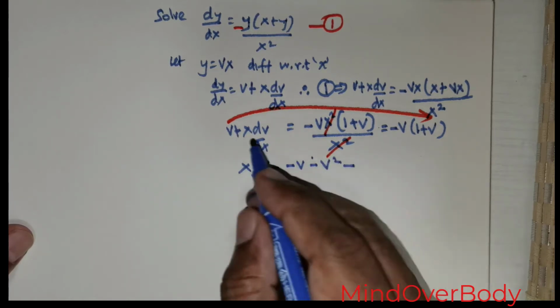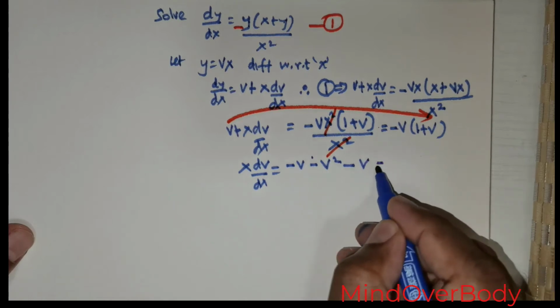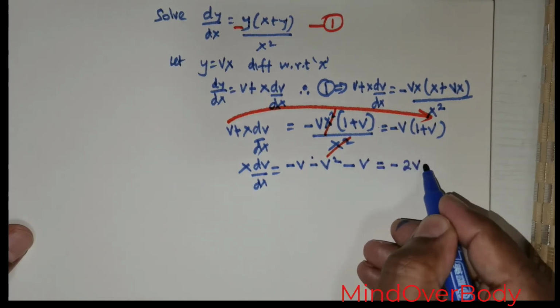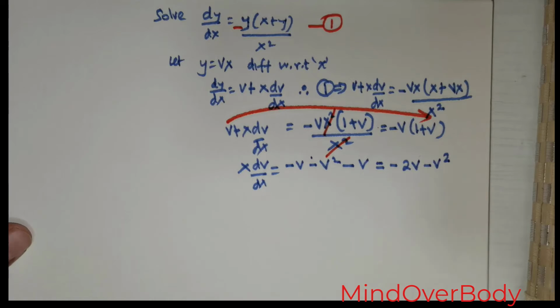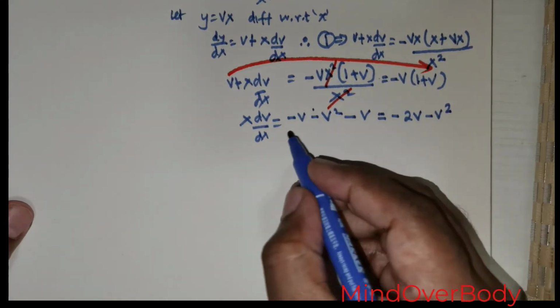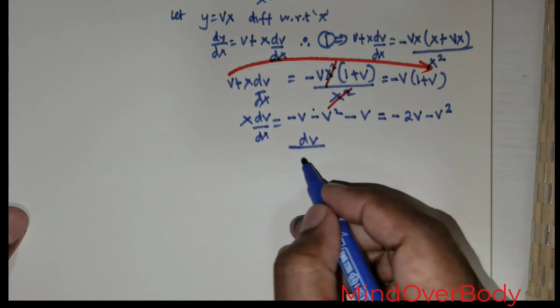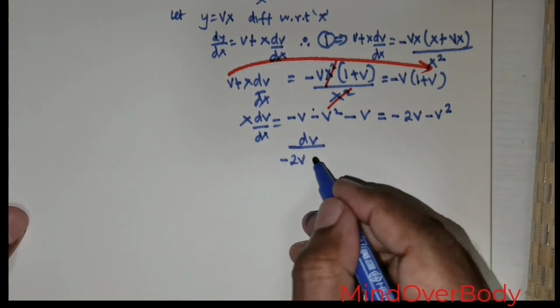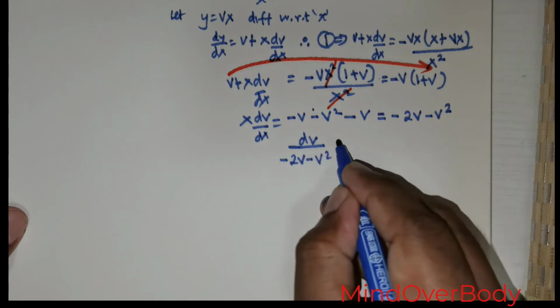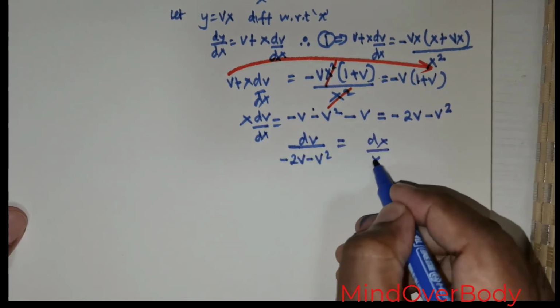I already have a negative v, so I now have negative 2 times v and negative v squared. Now we can do some rearrangement, so I can rewrite dv divided by (negative 2 times v negative v squared) is equal to dx divided by x.